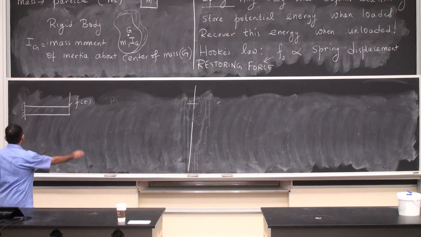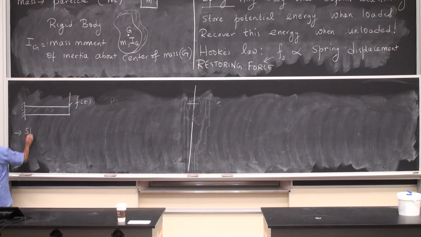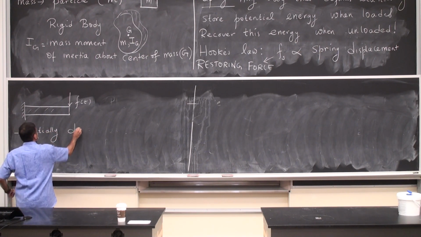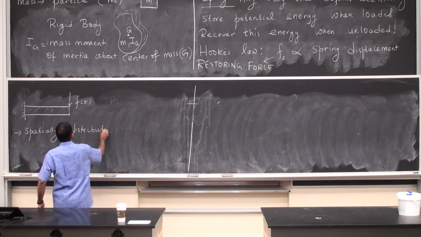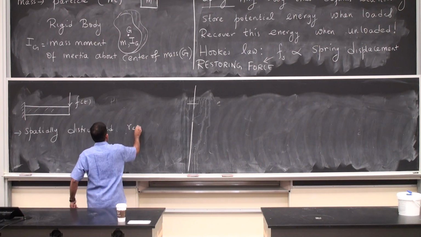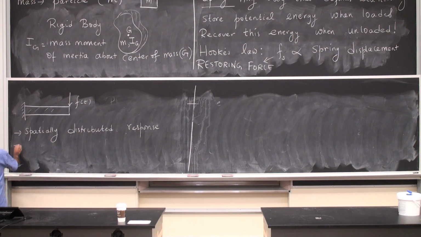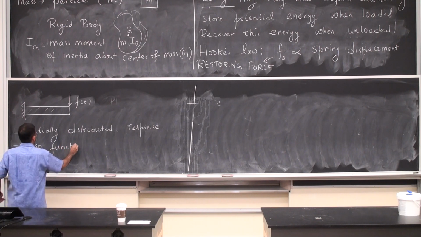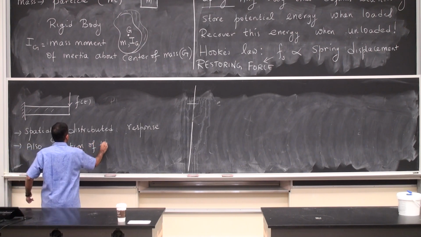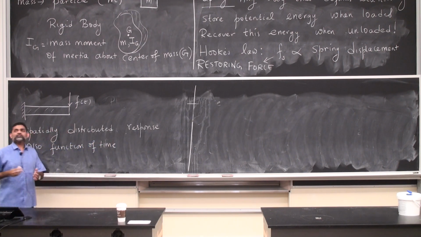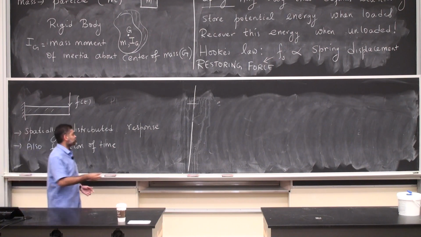Right? So here is what we say. It's a spatially distributed response. It is also a function of time. That is, what is a spatially distributed response? The deflection of the beam.